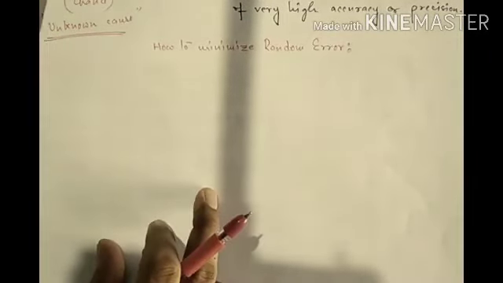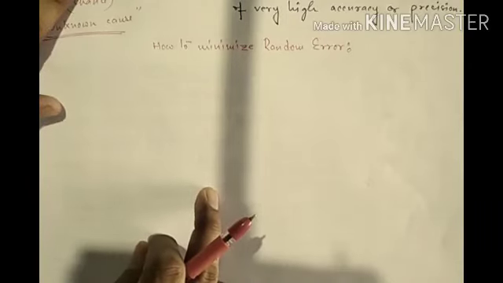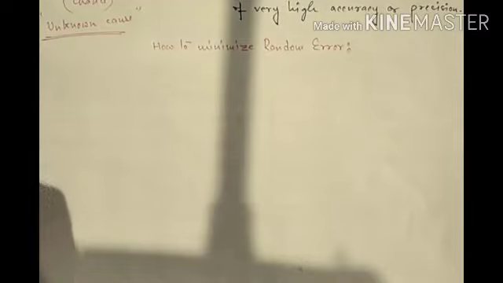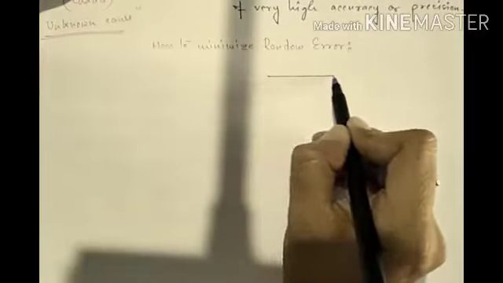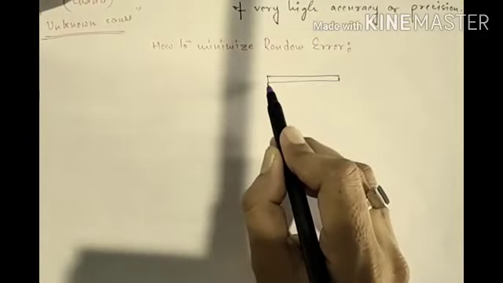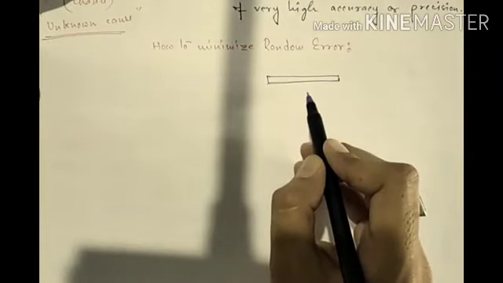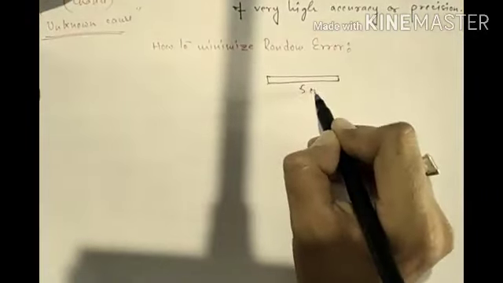So let me tell you that random error can be minimized by taking repeated measurements of a particular physical quantity. Suppose I have given you a pen or some object and you want to find the length of this pen. You have to give me the length of this pen, whose actual value was 5 centimeter.